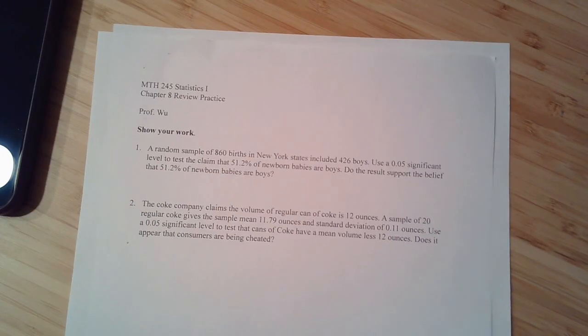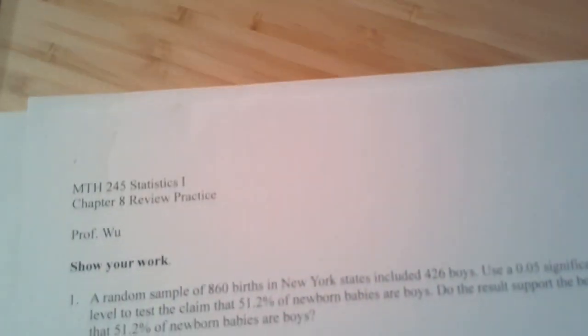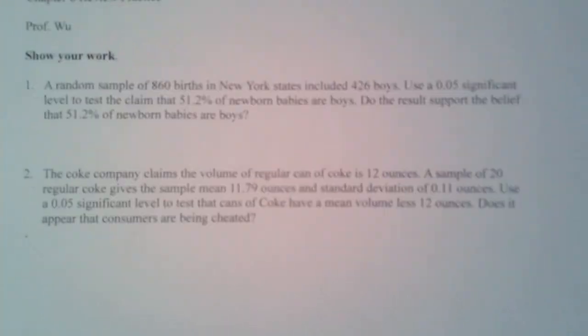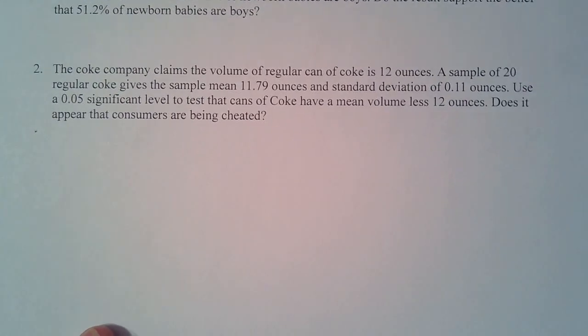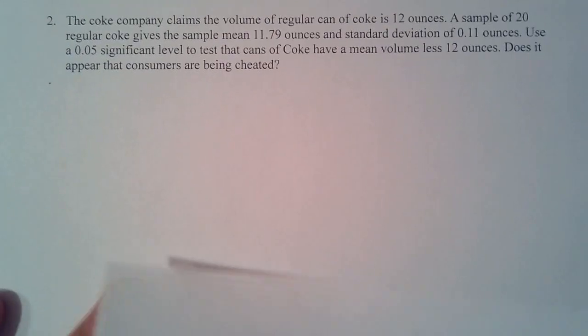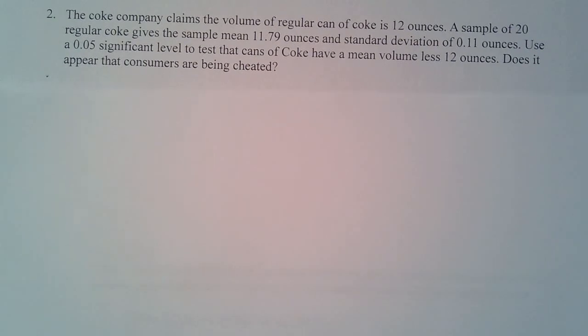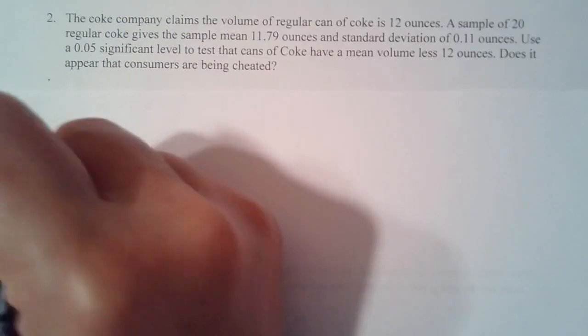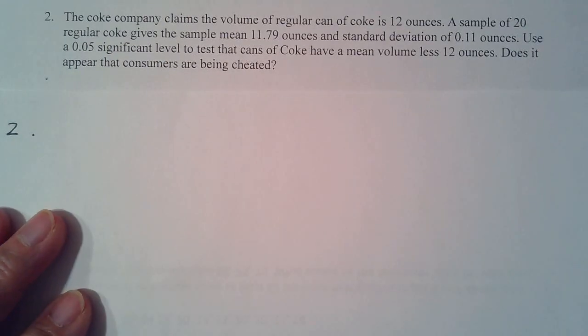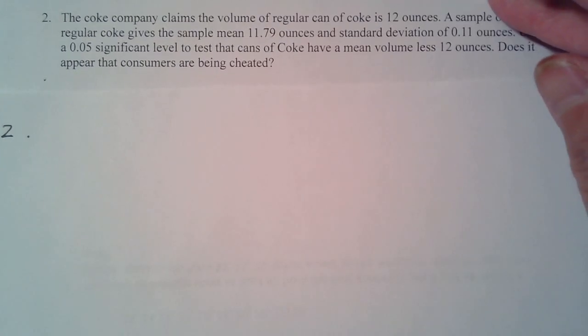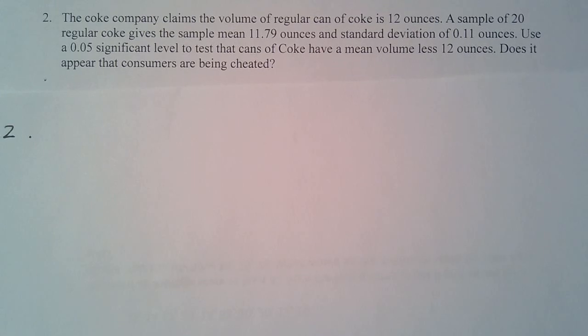All right, so we're going to work on question number 2. A Coke company claims the volume of a regular can of Coke is 12 ounces. So they claim that the content is 12 ounces. A sample of 20 regular Cokes gives a sample mean of 11.79 ounces and a standard deviation of 0.11.